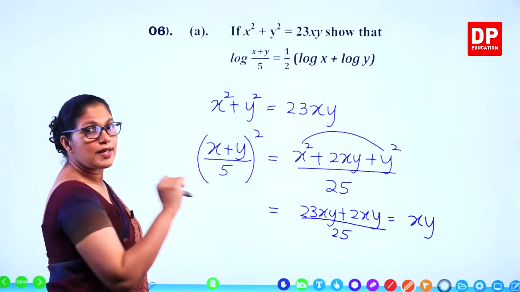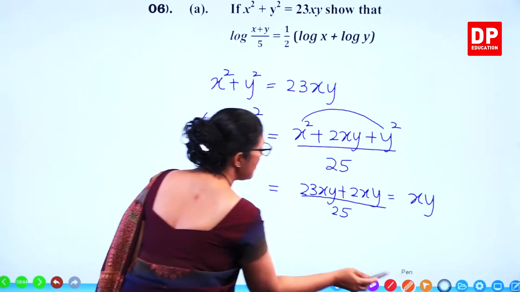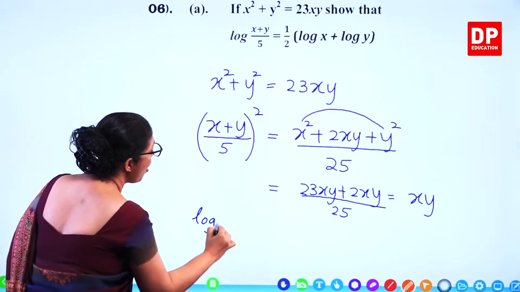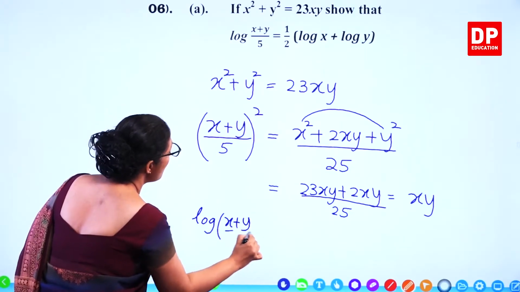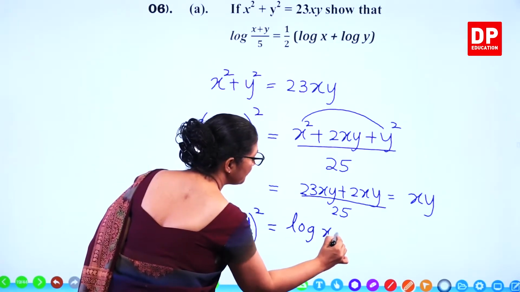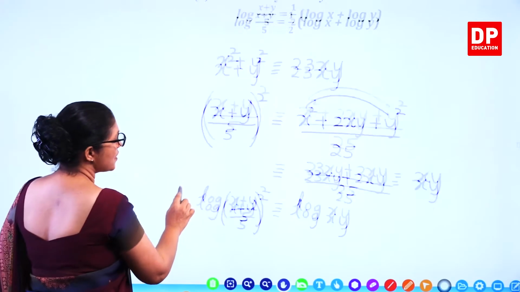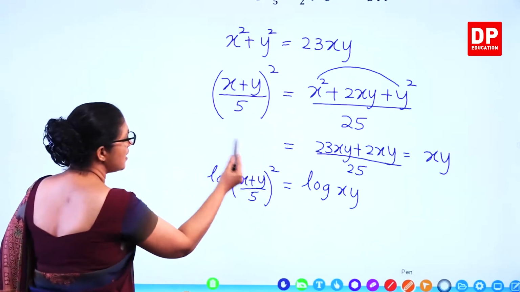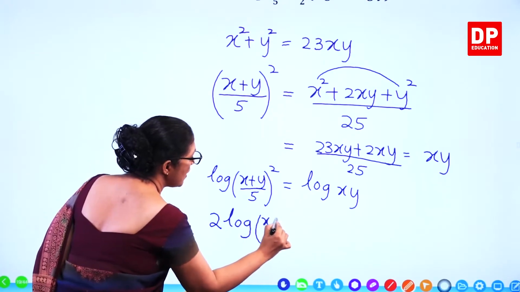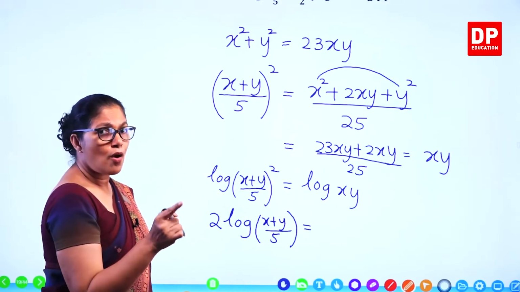So that's equal to this. Now take log both sides. Log of ((x plus y) over 5) squared is equal to log of xy. So, for laws of logarithms, when there's a power, you can take it out from the log notation. 2 log of (x plus y) over 5 is equal to the product. How can you write product?